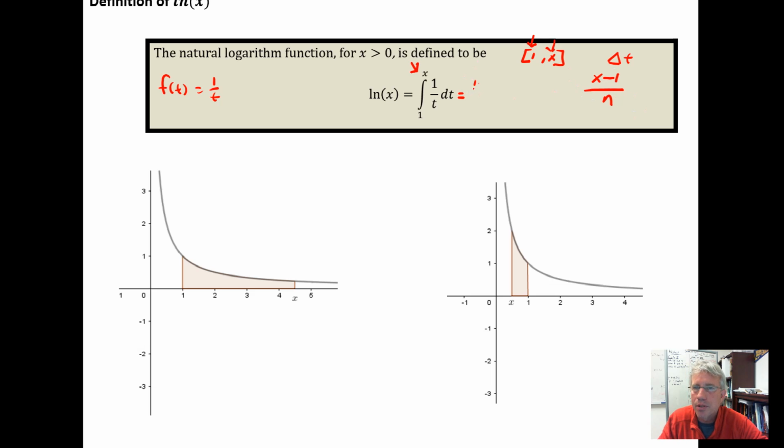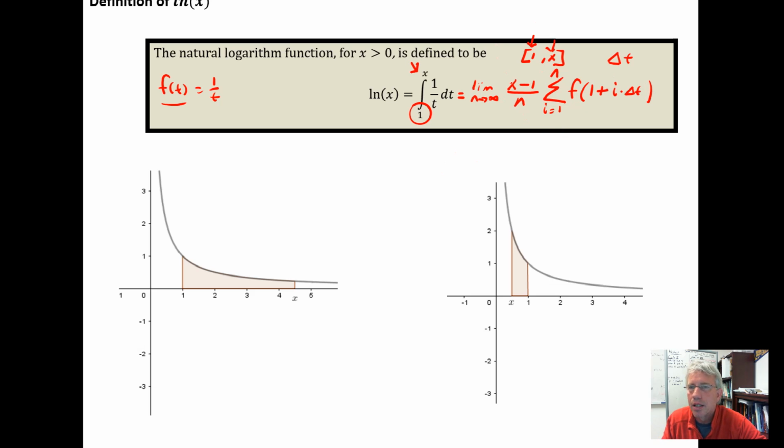So we took a limit as n went to infinity of delta t, which is defined as x minus 1 over n, and then we took the sum from i equals 1 to n rectangles, and then we added up the function. So we're going from 1, it was the function evaluated at 1 plus i times the delta t that you were working with.